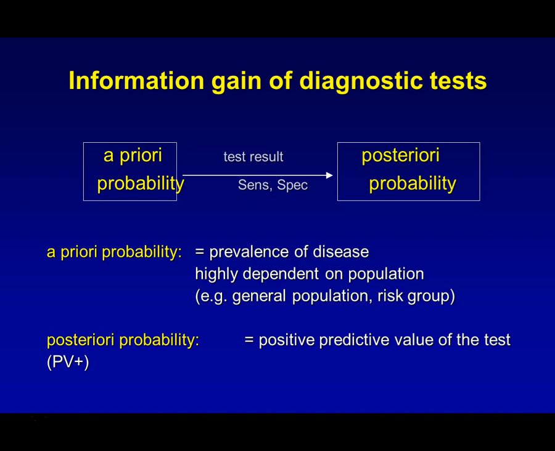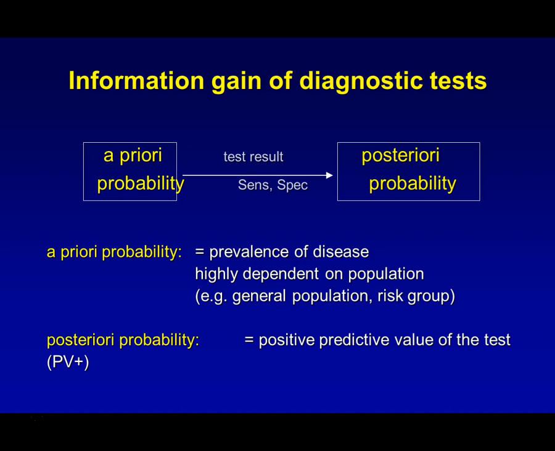Either is it the general population, is it a certain risk group, is it young subjects, is it elderly subjects, is it the population that comes to the GP, is it the selected population that comes to, for example, internal medicine outpatient clinic. There's many difference in prevalence of disease dependent on the population selection.